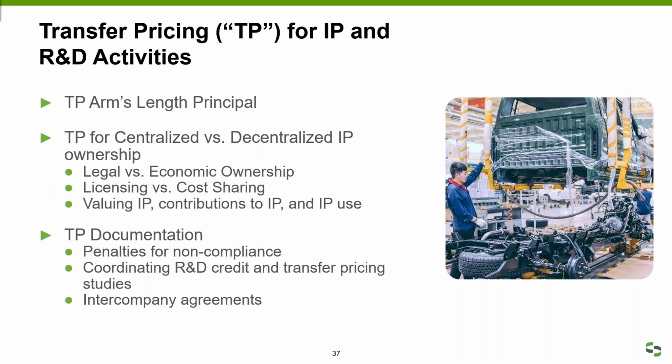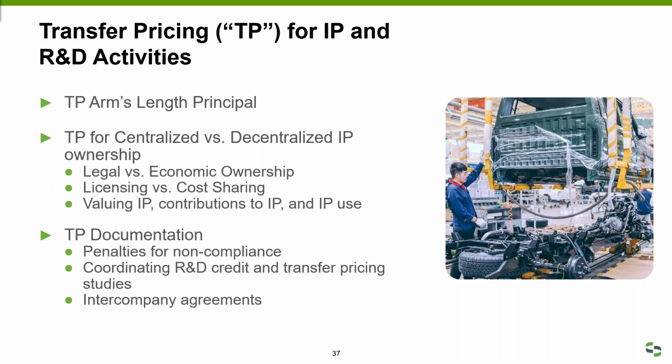We see that all the time: we'll see evidence of an R&D credit being taken, but then the intercompany pricing doesn't reflect those R&D operations. So making sure that your intercompany agreements, R&D activities, the credit and transfer pricing are aligned is a really important consideration. And we see that more often than you would think, that the left hand is not talking with the right hand in those circumstances.